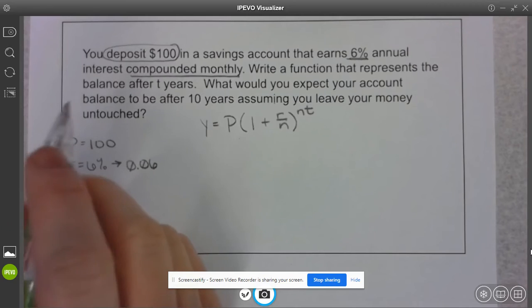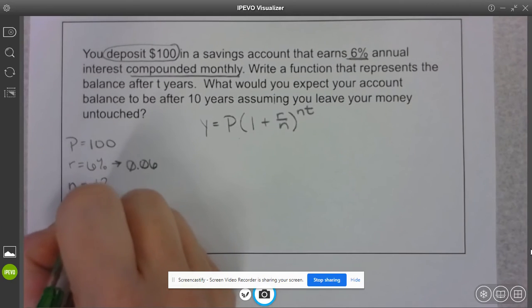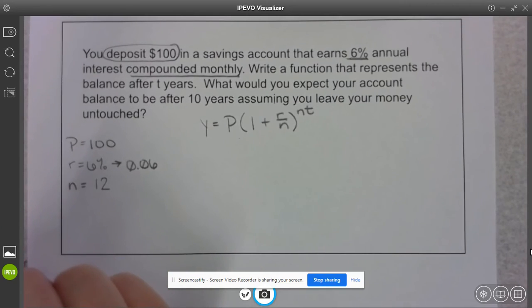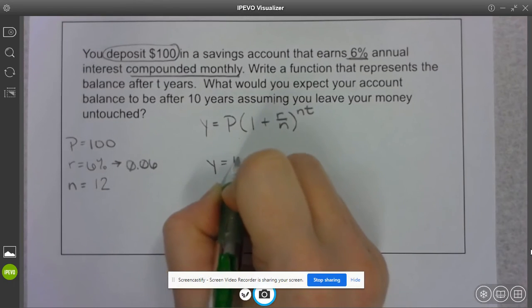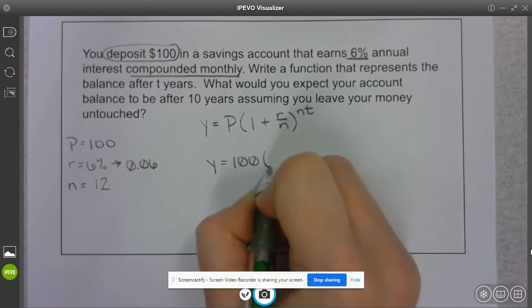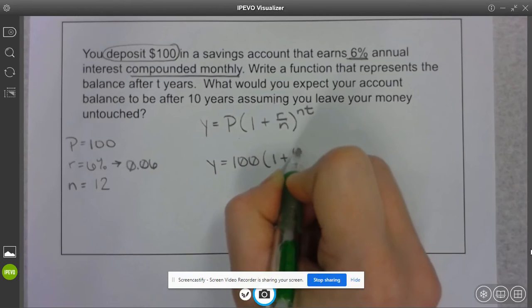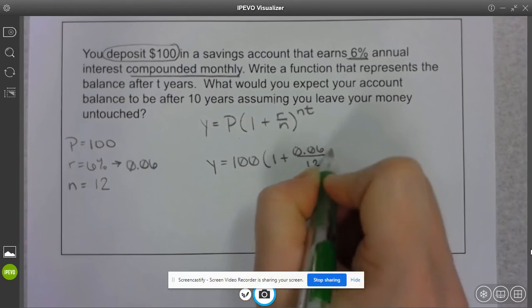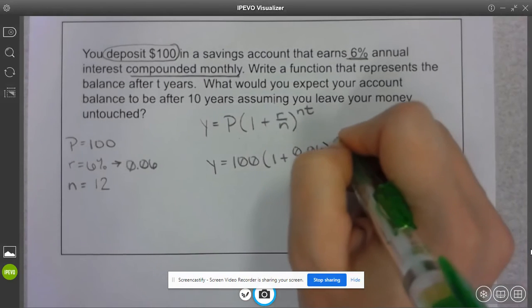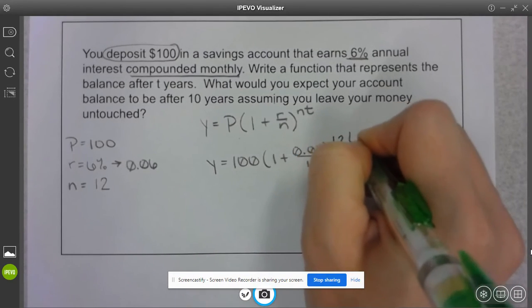So since it says monthly, that means this is going to happen 12 times in a year. So we're going to see this as y equals 100 times 1 plus 0.06 divided by 12 to the power of 12t.